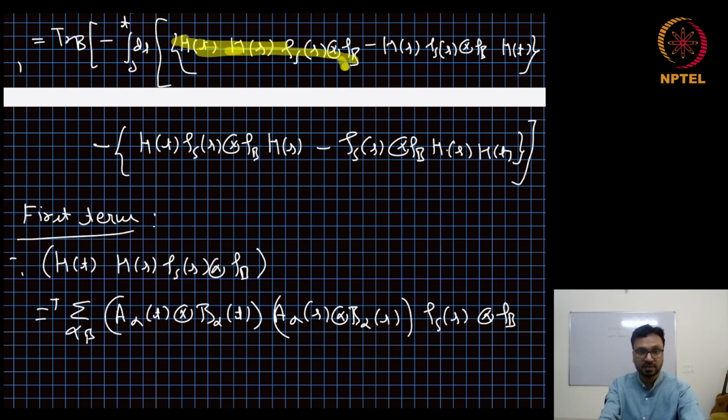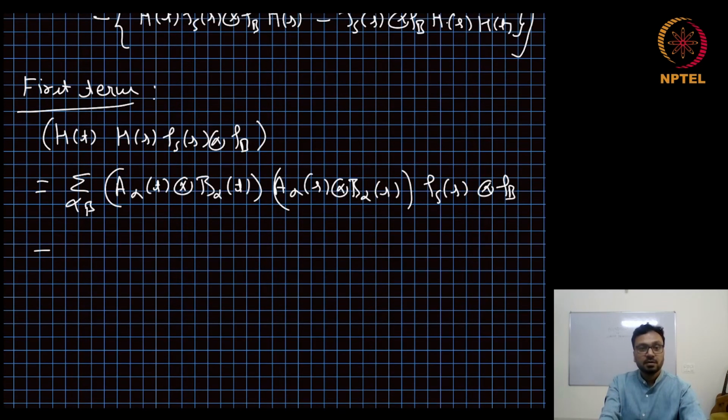We will worry about that later. Now we use the ABCD rule of tensor product. Let me remind you that rule. If we have A tensor B times C tensor D, then we can write it as AC tensor BD.